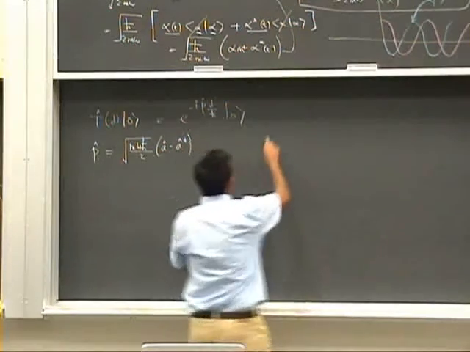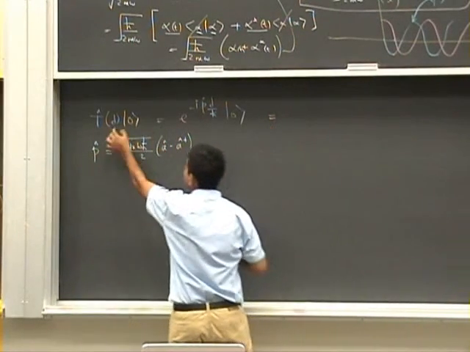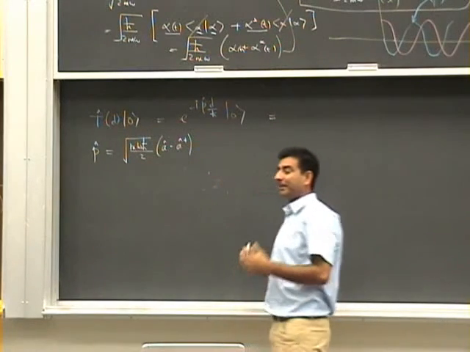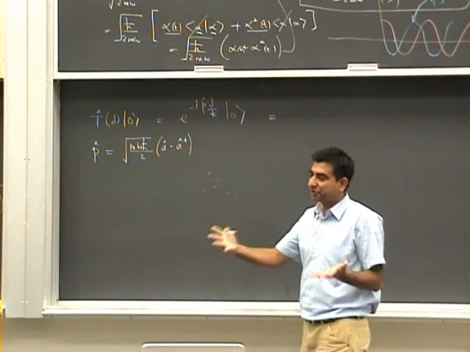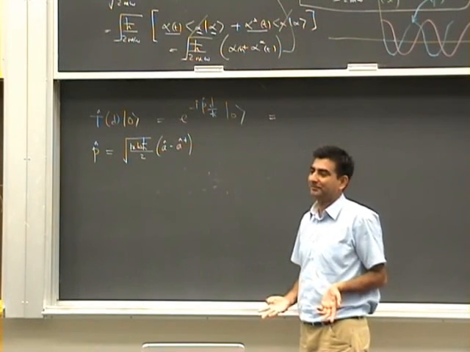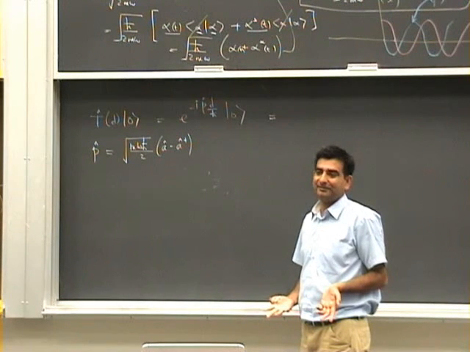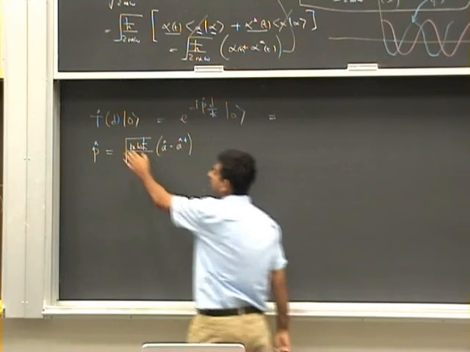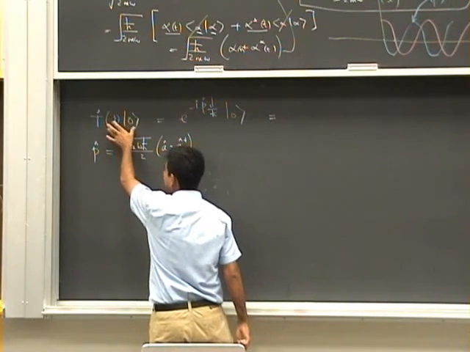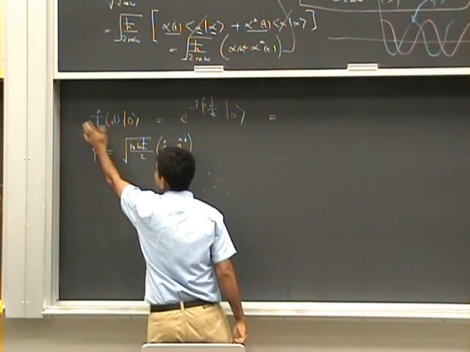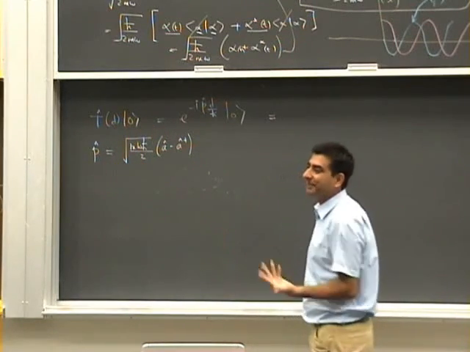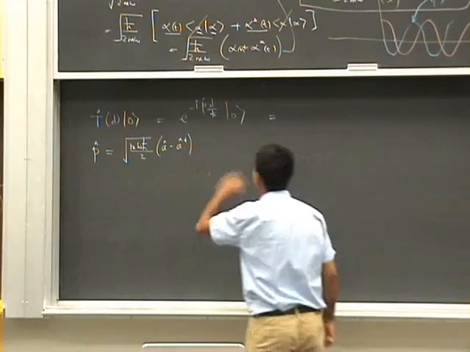So now what I'm doing, I'm displacing the quantum state in its position variable or in its momentum variable? In its position variable. If I take the wave function in position space, that is I project on x, I will get the initial wave function displaced by d. This is what this translation operator is.